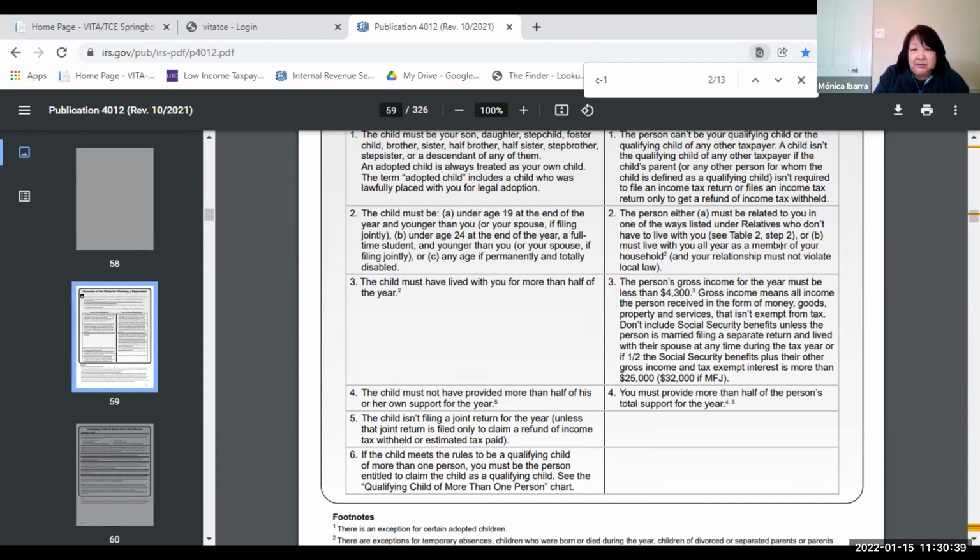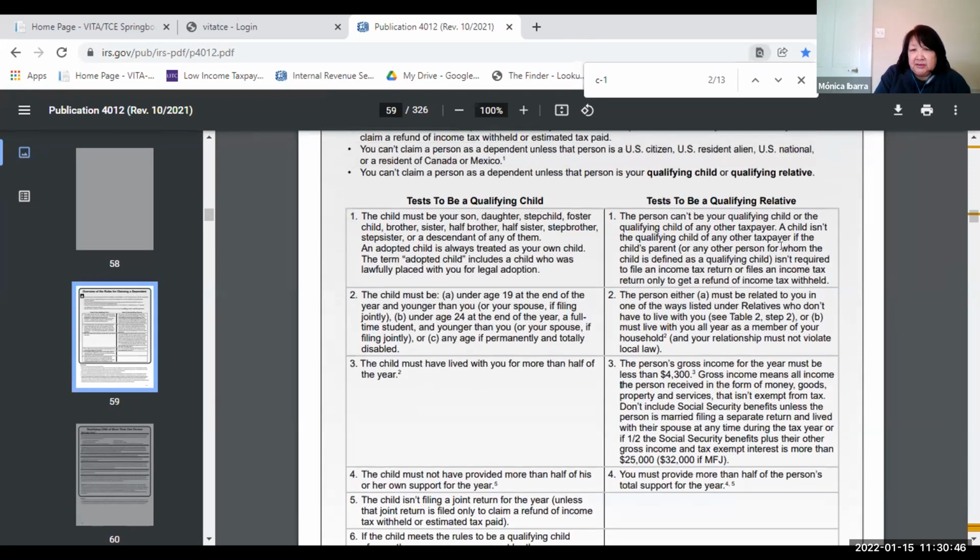And I believe that included any other dependent. The other dependent, qualifying relative, the maximum credit that you can get for that person is a credit of $500, which is not refundable. It just goes to pay your tax.